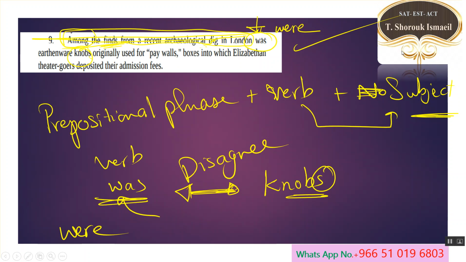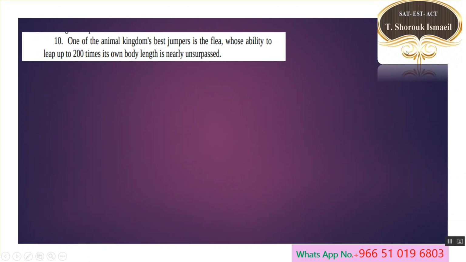Okay, let's move on. Number 10. One of the animal kingdom's best jumpers is the flea. What is my subject here? My subject is one. So my subject here, let's analyze it together, is one.